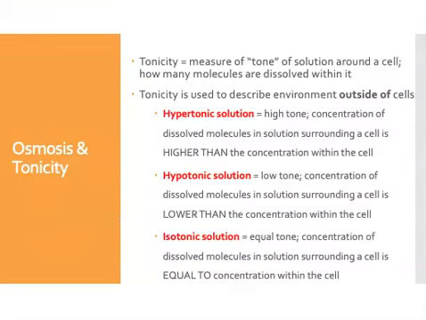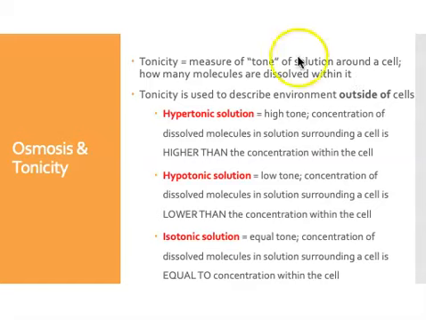Now let's discuss this concept of tonicity and how it relates to osmosis. If you translate this word, tonicity, it translates as tone. So tonicity is a measure of tone, and it specifically describes the tone of the solution around a cell. Now, by tone, what is meant is how many molecules are dissolved in the solution around a cell.